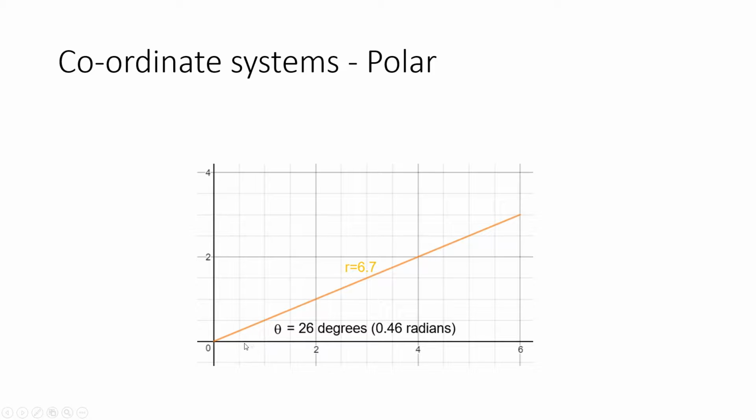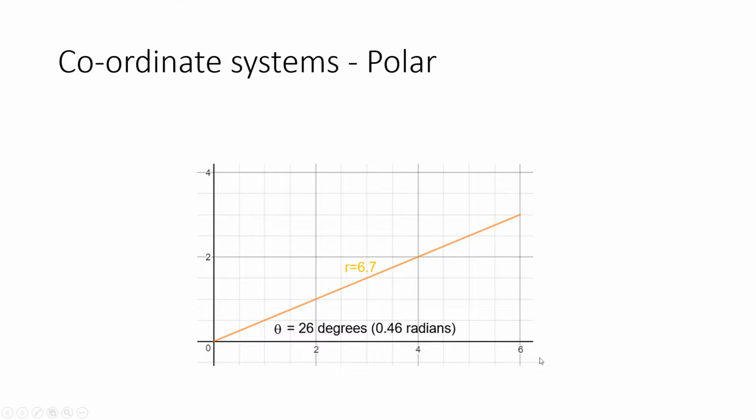Here's a visual aid. So here's the x-axis. Theta is 26 degrees, so take that line there, rotate it 26 degrees, you get this orange line there. And if you take r, 6.7, and travel 6.7 units along that line, that's where you get to.